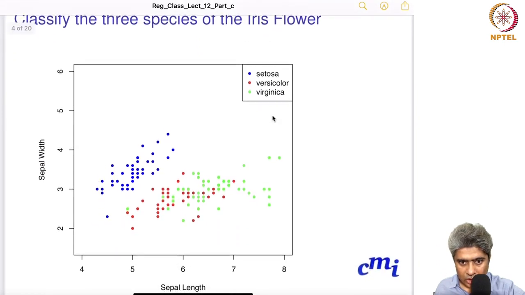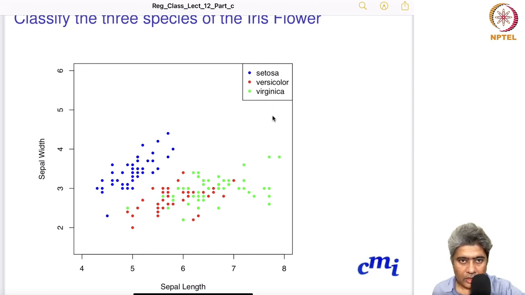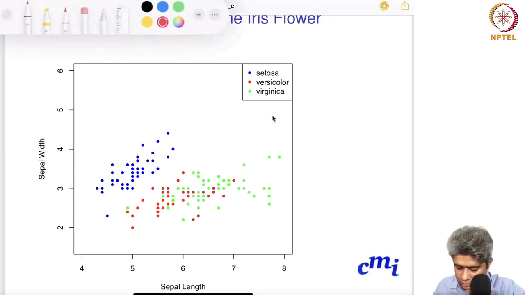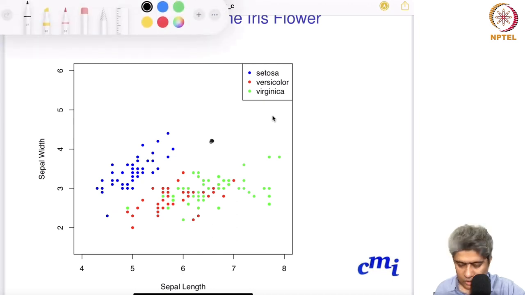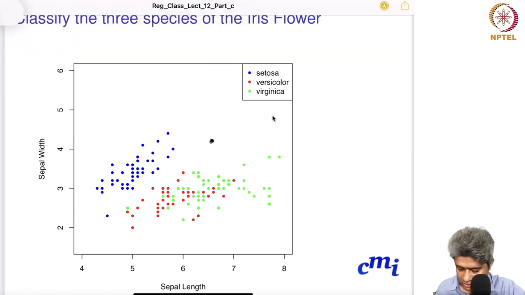Now our job is to classify this data, create a classification technique, and for a new data point, say this is a new data point, would you classify it as a setosa, or is it going to be a versicolor, or is it going to be a virginica?